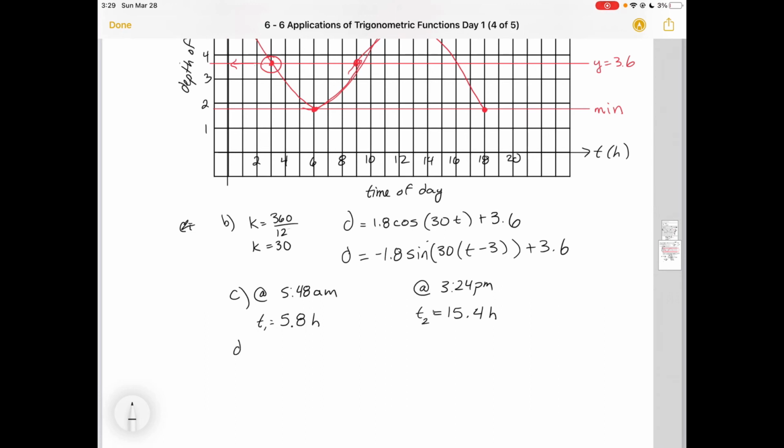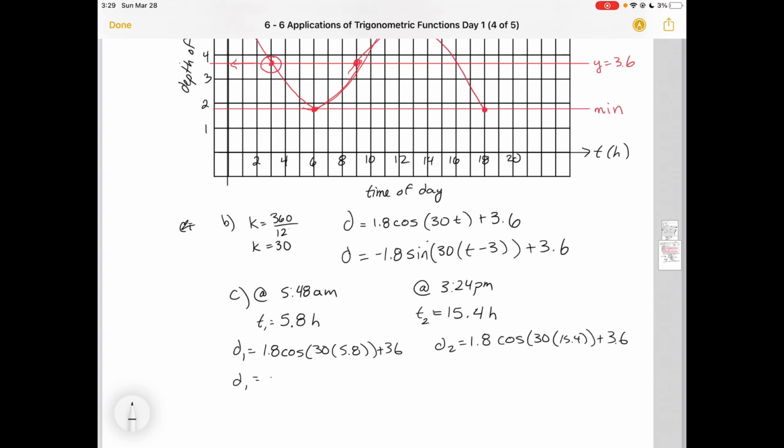I'm going to use my cosine one just because it's a little bit easier. So my D1 is 1.8 cosine 30 times 5.8 plus 3.6. And my D2 is 1.8 cos 30 times 15.4 plus 3.6.